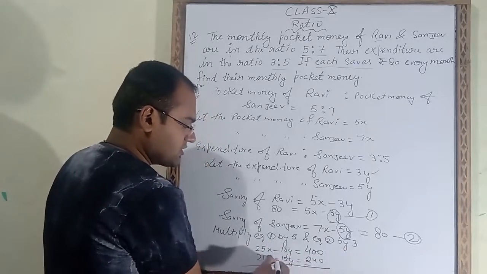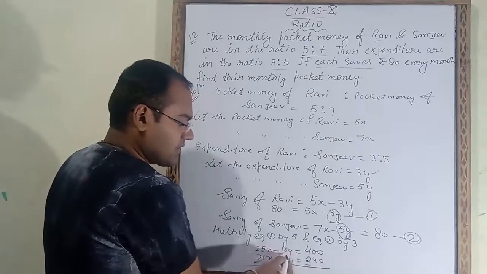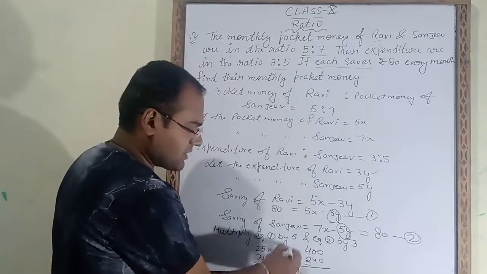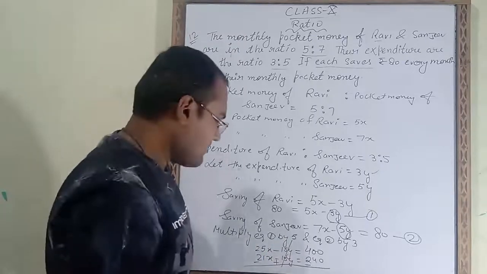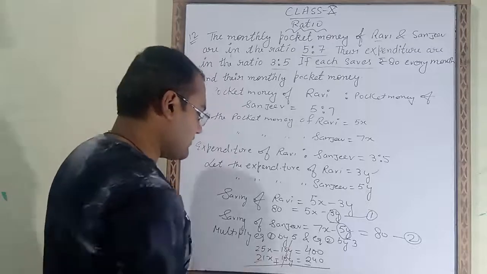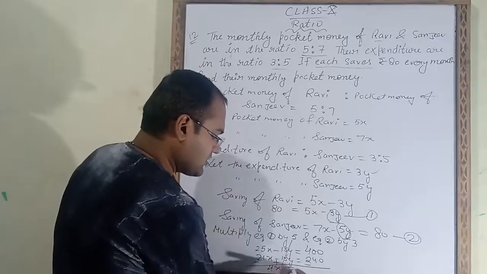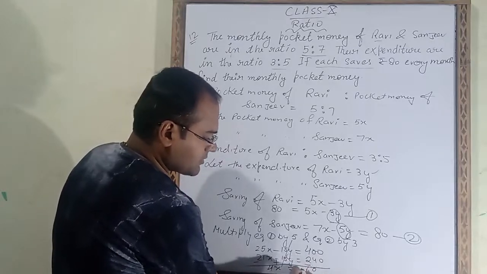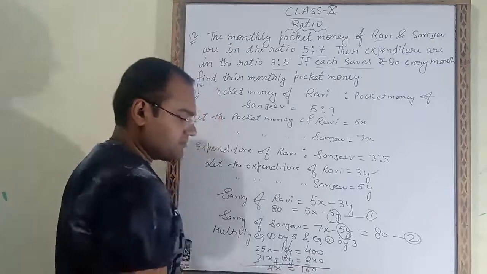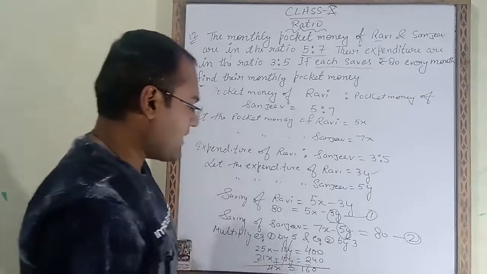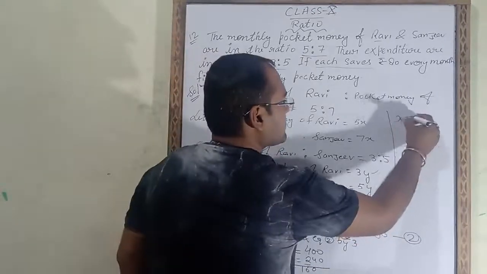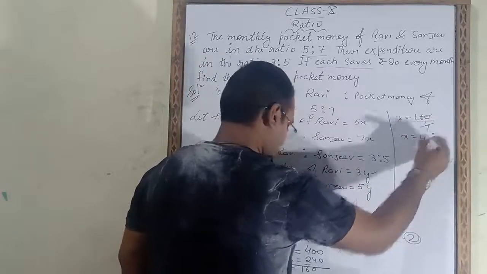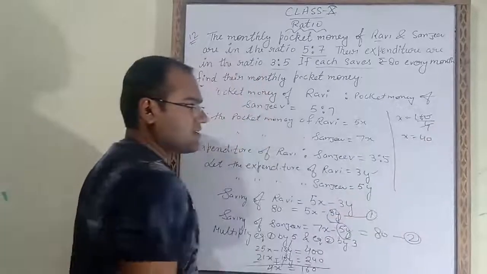So here we have to change the sign. This is minus 15y and this becomes plus 15y. These two will get cancelled. So 25 minus 21 is 4x is equal to 400 minus 240, which is 160. Now this 4 we will bring and divide. So x is equal to 160 divided by 4. So x answer we got is 40. Value of x is 40.